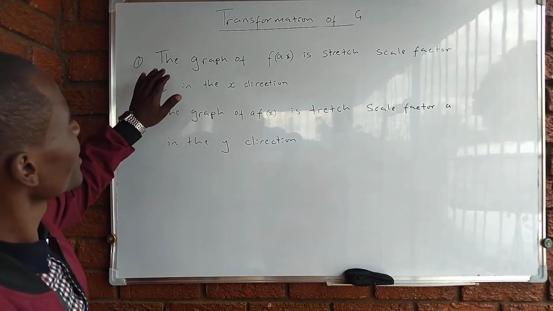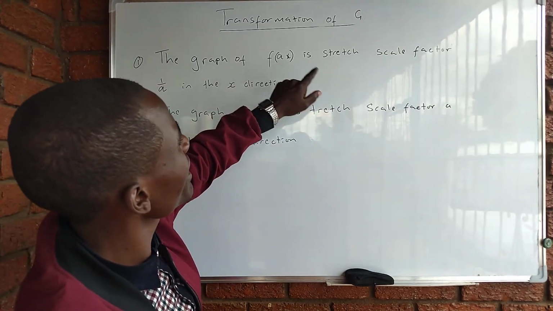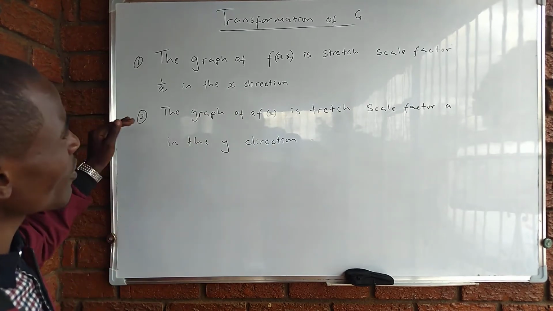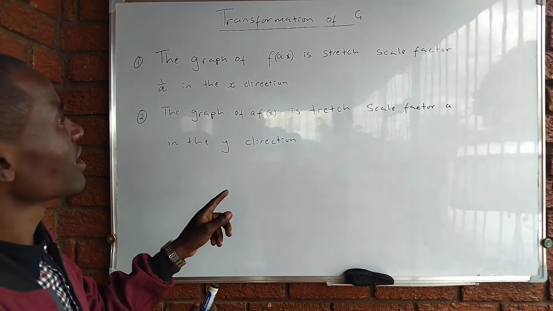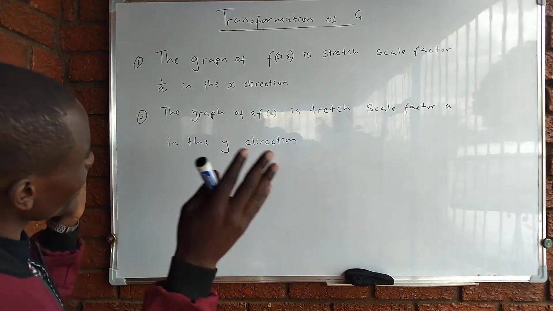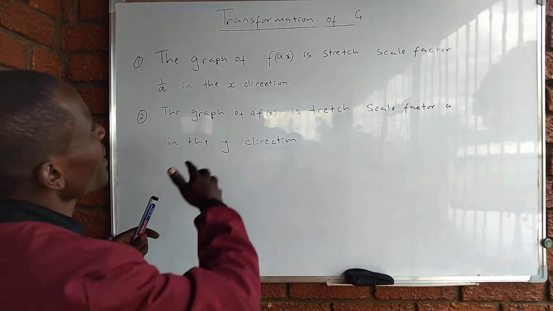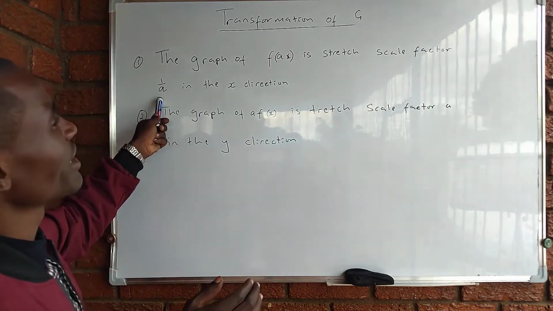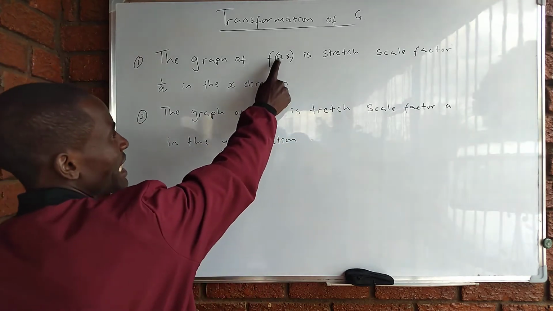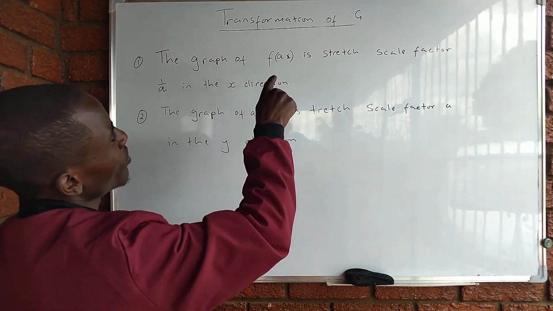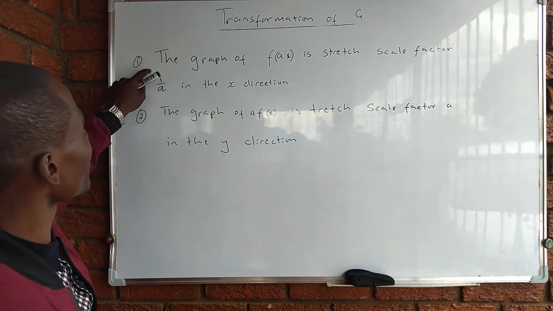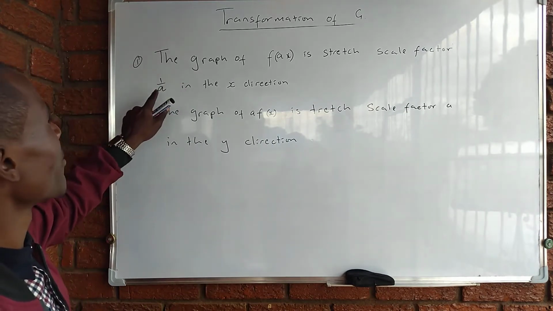The graph of f of ax is a stretch with scale factor 1 over a in the x direction, right? So looking at the translation there, when we say plus we go to the negative, when we say minus we go to the positive. For the stretch in x it is also the opposite. Here it is a stretch with scale factor 1 over a, which means if it is 2, the scale factor is 1 over 2; if it is 4, the scale factor is 1 over 4, which means you take the reciprocal of the number. So for x there is the opposite in the scale factor, which means we are multiplying each and every x coordinate by 1 over a.